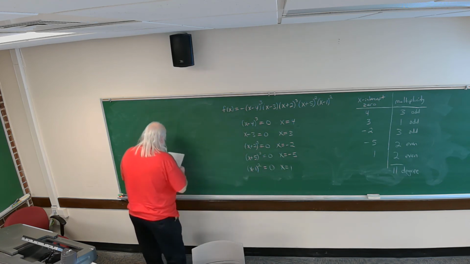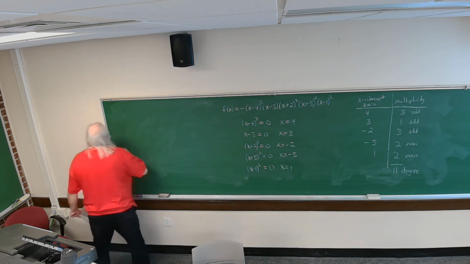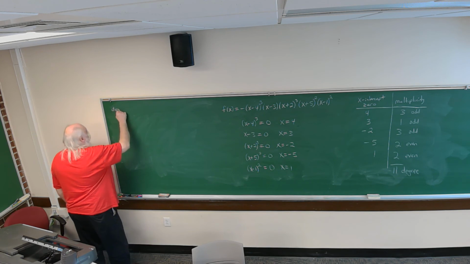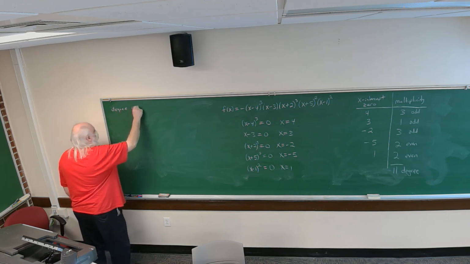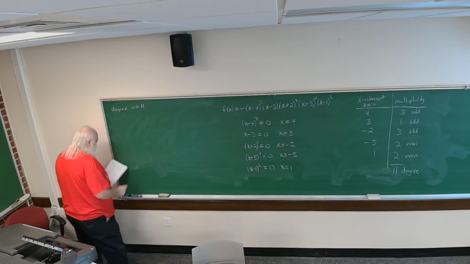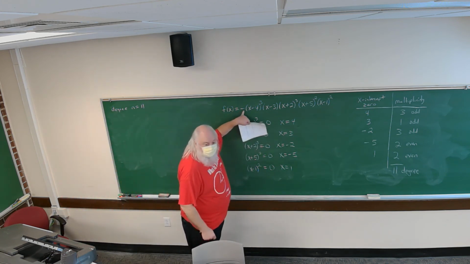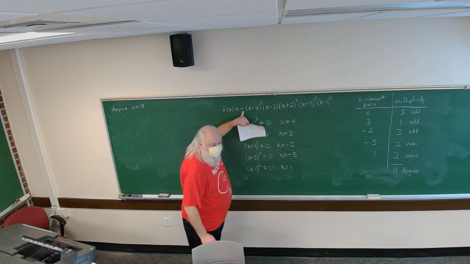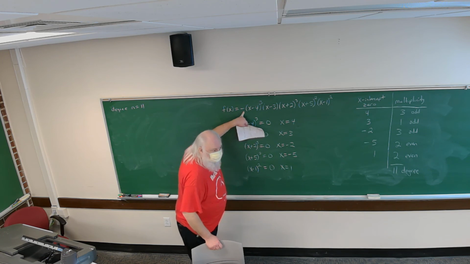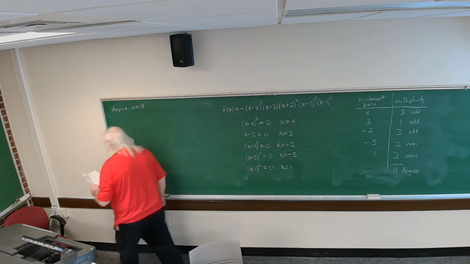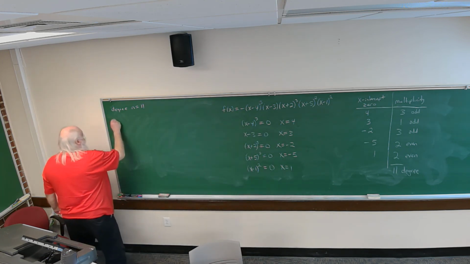So the degree of our polynomial, n, is equal to 11. And the leading coefficient, this minus sign out here, what number is this out here in front? -1. So the leading coefficient is -1.